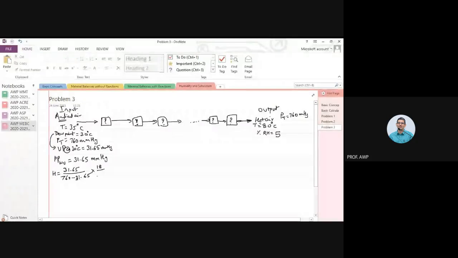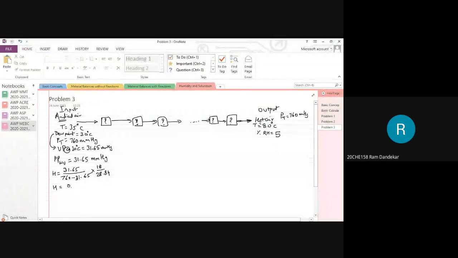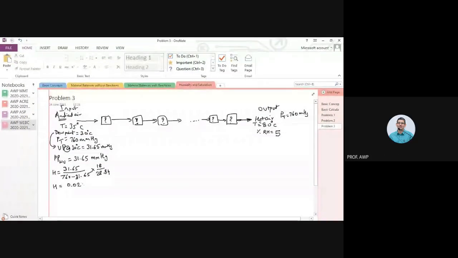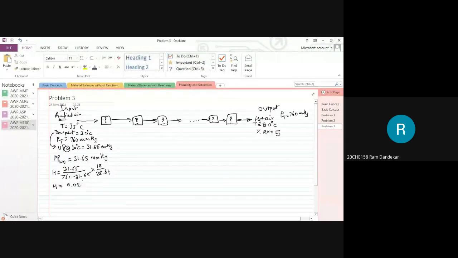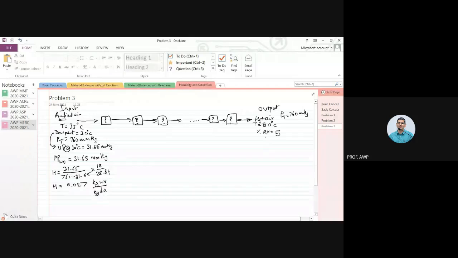Multiply by 18 divided by 28.84, that will give you kgs of water vapor. So what is the value? 0.0227. So this is kgs of water vapor per kg of dry air.